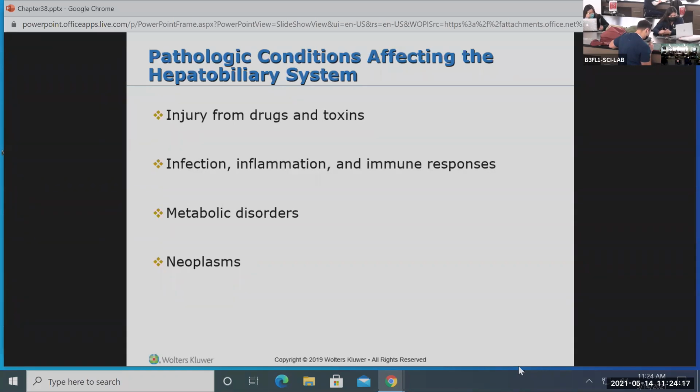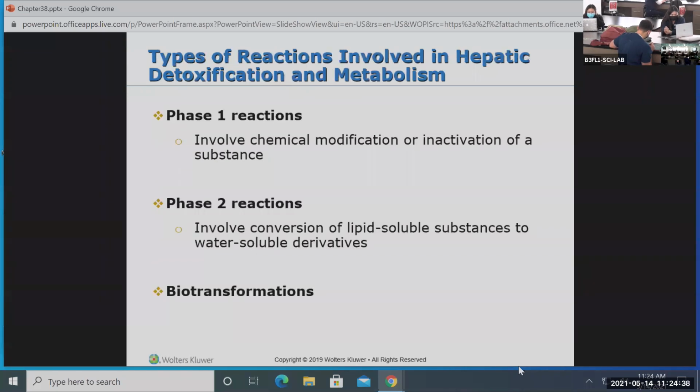Injury from drugs and toxins, infections, inflammations, or immune responses, maybe metabolic or maybe some neoplasm. All these conditions might affect my hepatobiliary system. In the textbook, they have reaction phase 1, phase 2, and phase 3. Phase 3 over here, they discuss in the form of biotransformation.